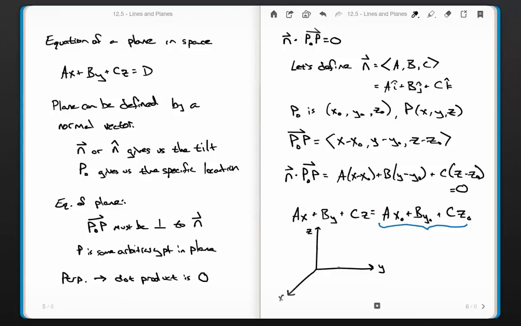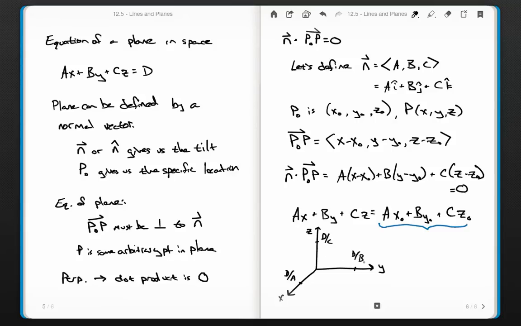My x-intercept would be where y and z are both 0, so it'd be d over a. My y-intercept would be d over b, and my z-intercept would be d over c.